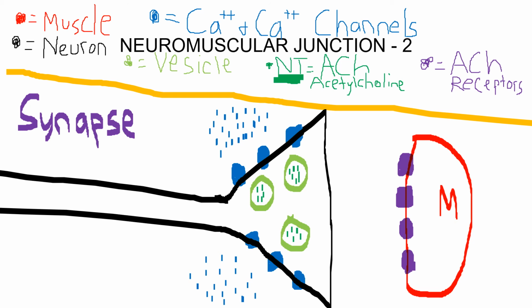Now the space between the neuron and the muscle, the space in this synapse, has a special name. It's called the synaptic cleft. And I'm probably going to run out of room, but synaptic cleft, meaning just it's a space. So all of this space right here is the synaptic cleft.